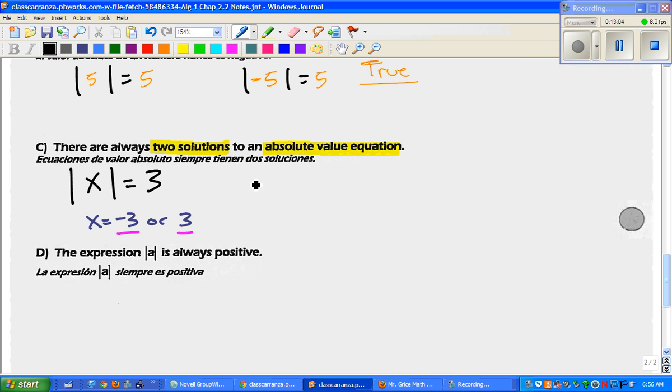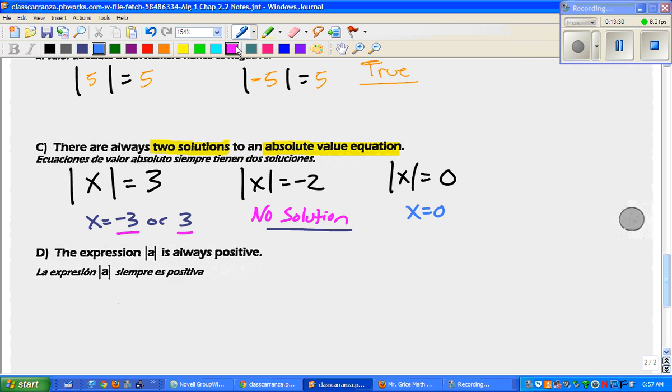What about this one? The answer to this one is no solution. That's only one answer. And what about here? The answer to this problem is just one answer. Okay, so this statement is false.